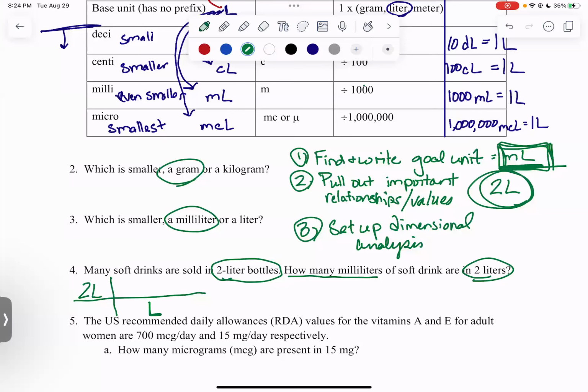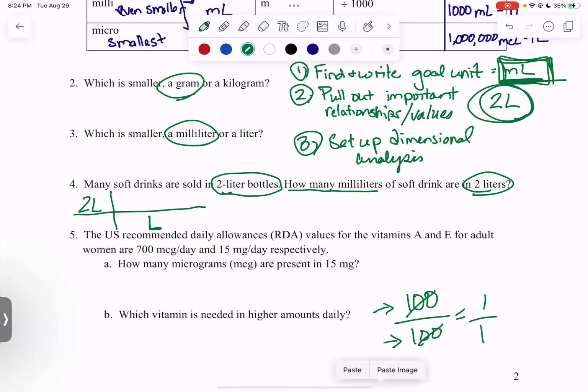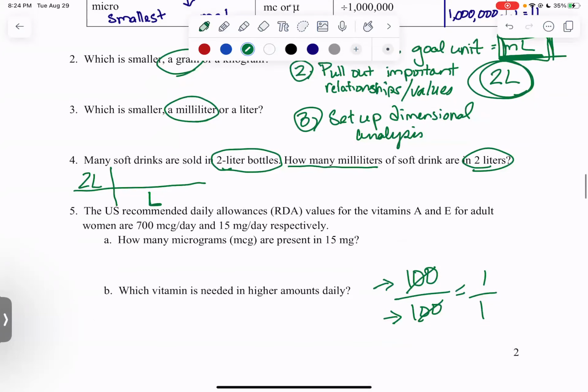The only way I can really get rid of liters is if I put something equivalent on top. I want you to think about this. I'm going to pause for just a second. If I have a fraction that's 100 divided by 100, the numerator is exactly the same as the denominator. They cancel one another out, and you end up with 1. That's exactly the same thing we're going to do.